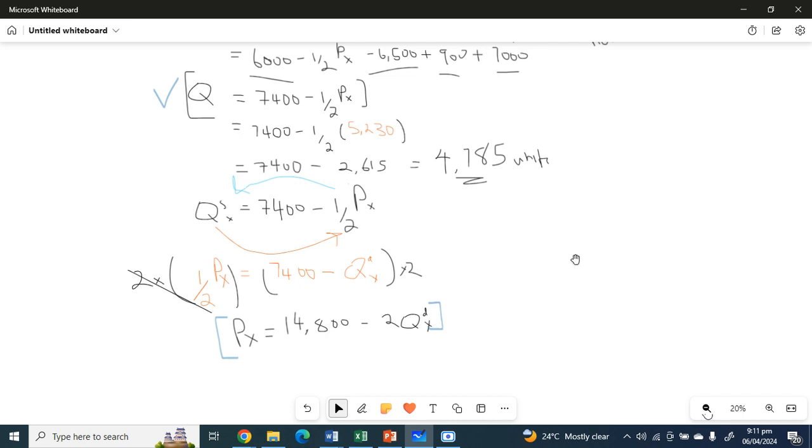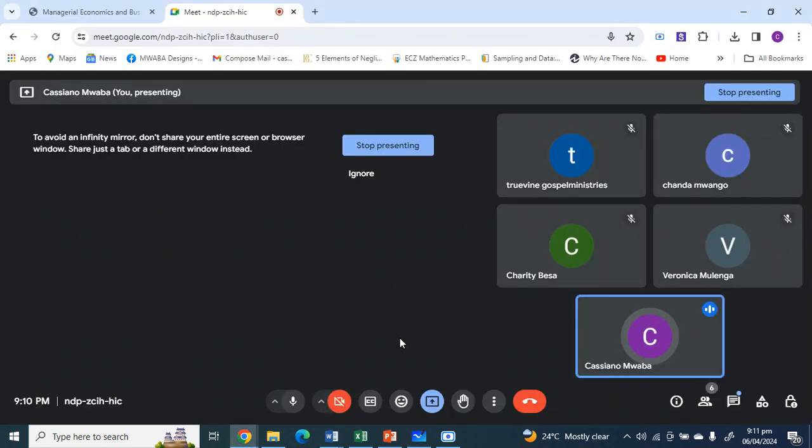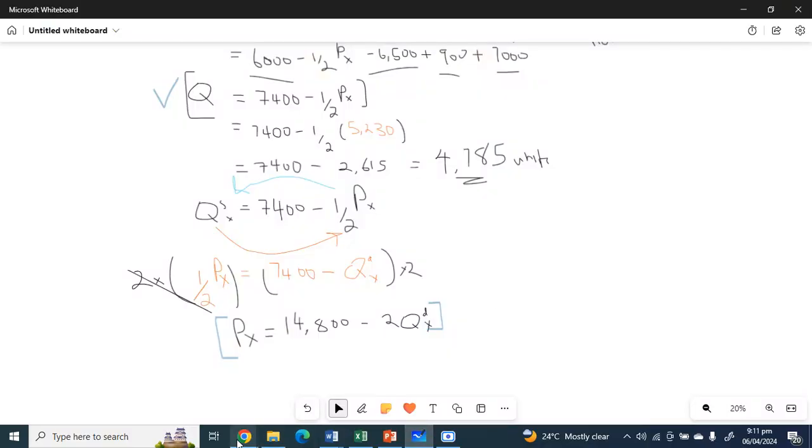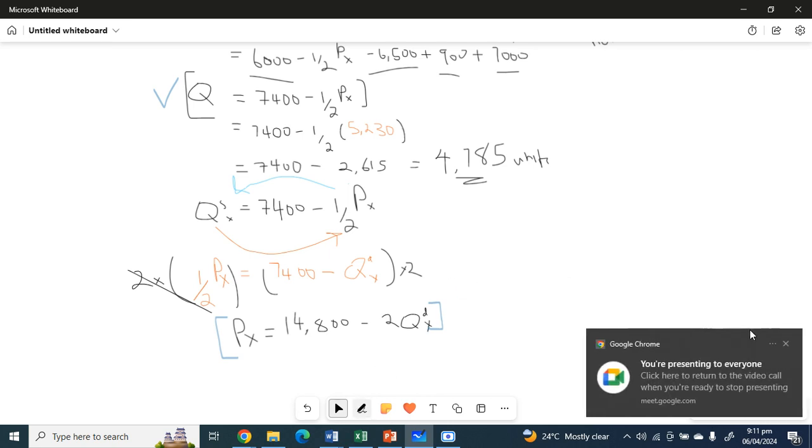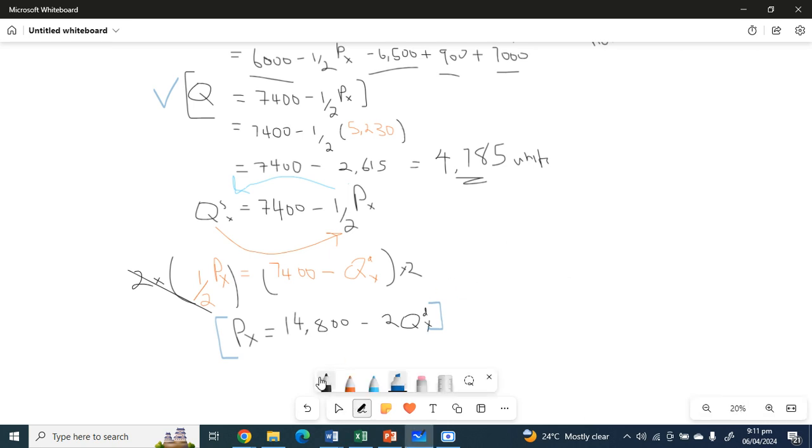The inverse, you want to make price the subject of the formula. Able to see my screen? Yes. For the inverse, you want to make price the subject of the formula. Okay. Another way we would have done this.